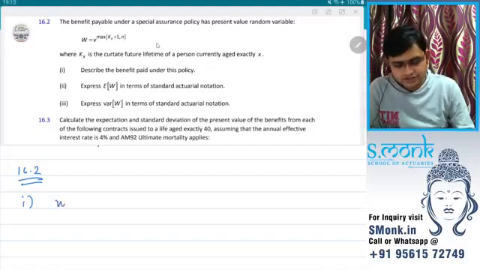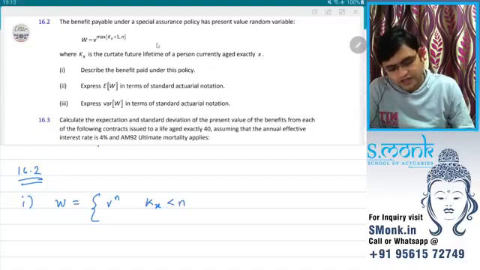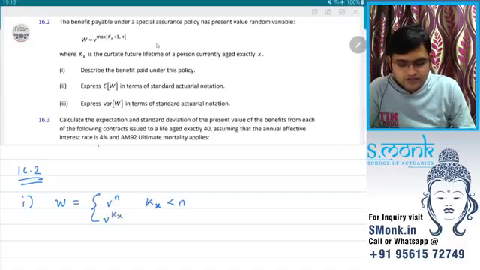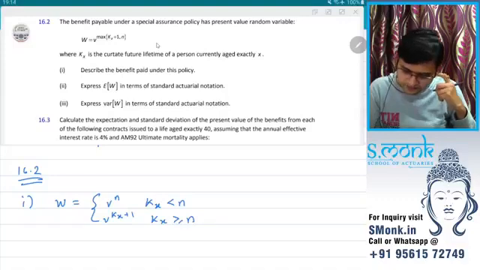So we are saying max of this. That just means W is equal to v raised to n if Kx is less than n, and v raised to Kx plus 1 if Kx is greater or equal to n.